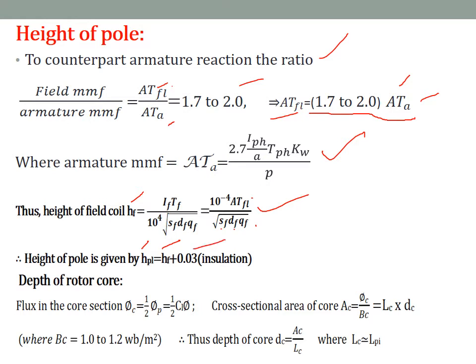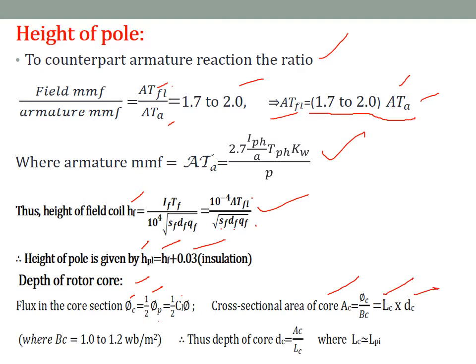Once you find out height of the field coil, substitute here, height of the pole can be found out by adding this insulation. Now depth of the rotor core: flux in the core section Φc is equal to half of this. In the core, flux will divide, half of Φp. Φp is this, half of CL into Φ. So cross sectional area of the core is Ac equal to Φc by Bc, that is also equal to Lc into Dc, where Dc is depth of the core.